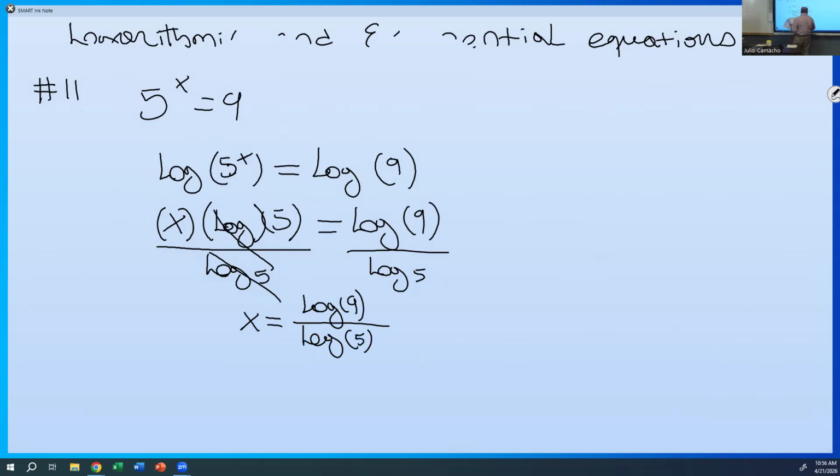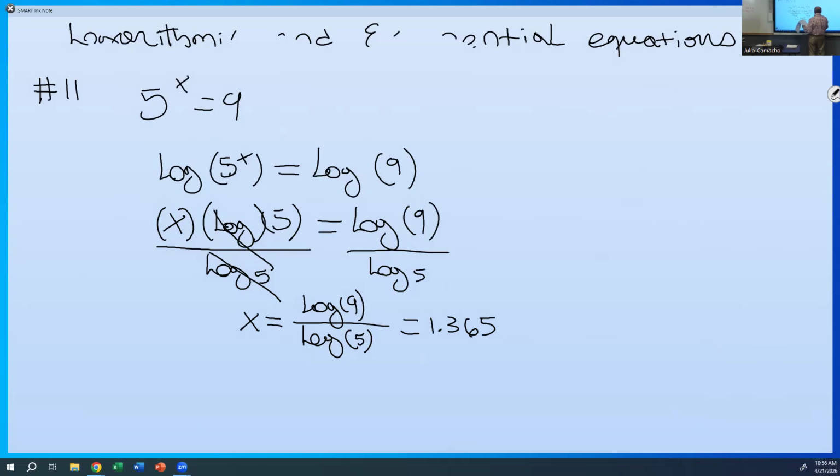And the log of 9, if you divide both logs, the answer will be 1.365. That will be the answer for question number 11. Or you can also apply the natural log.